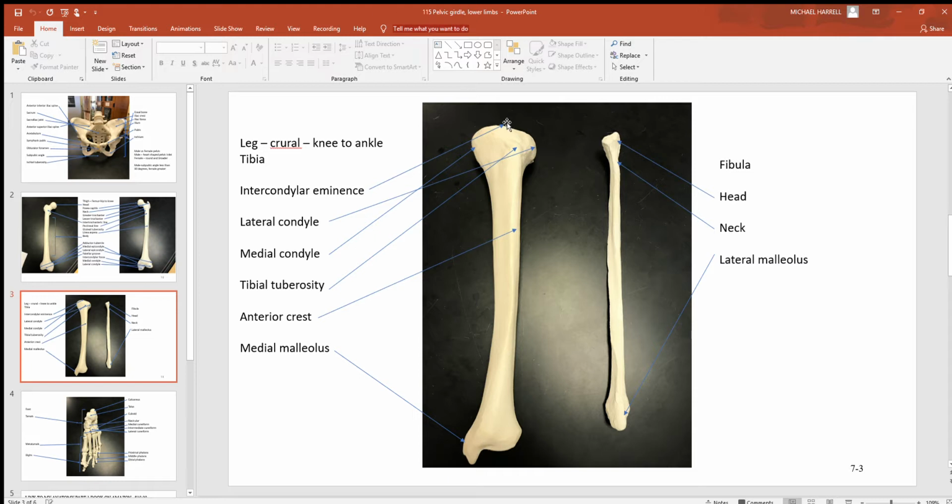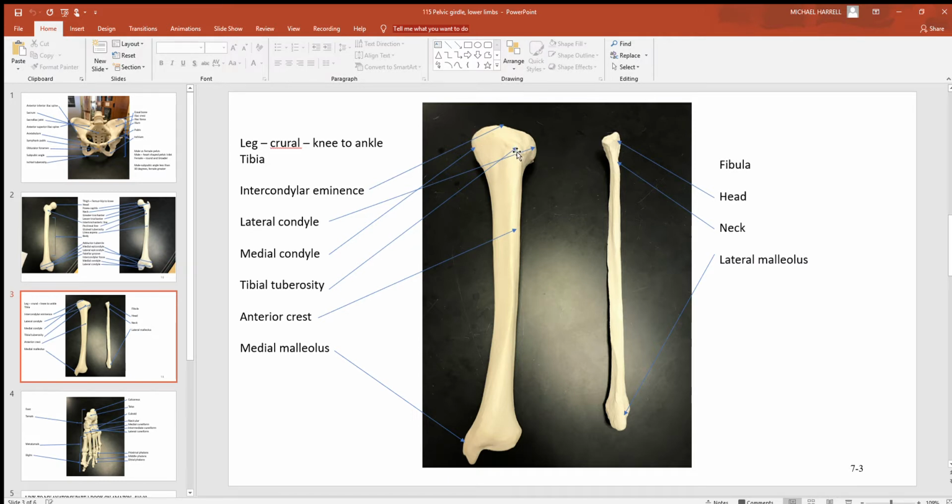But coming back up here at the top of the picture, close to your knee, you can see there's an intercondylar eminence. There's actually two little points right at the very top center of this bone. Can't really see them in this picture, but they'll be there. That's that intercondylar eminence because it's something sticking up in between those condyles. You can see there's a lateral condyle to one side and a medial over here the other.